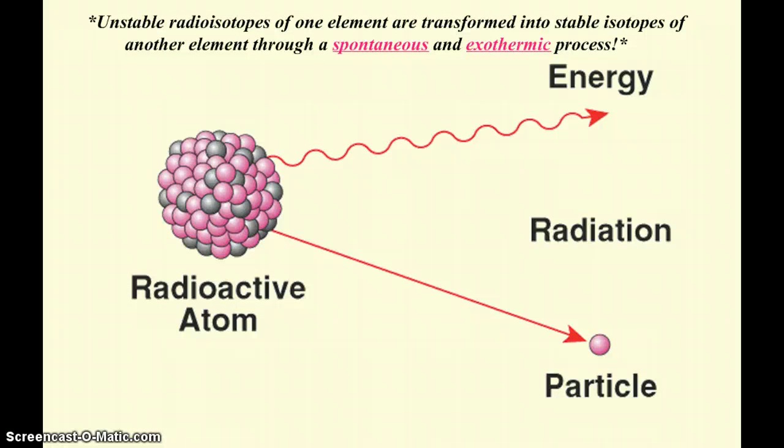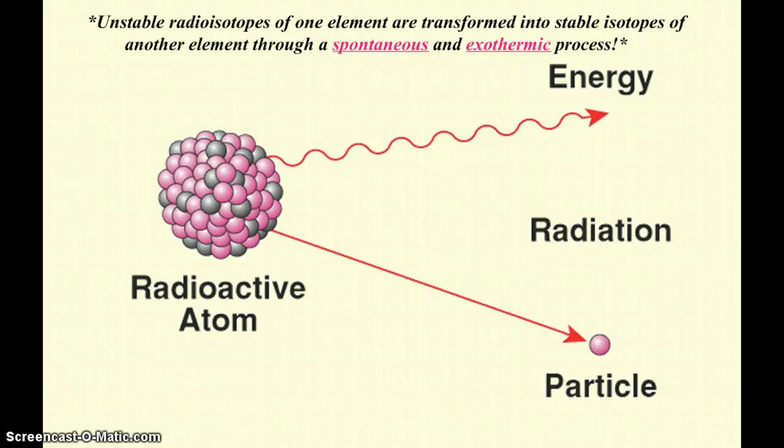And as Lisa in your notes packet points out, unstable radioisotopes of one element are transformed into stable isotopes of another element spontaneously and exothermically. Exothermic, we just talked about again last unit, releasing energy. Okay, so there you see in the diagram, energy being released.